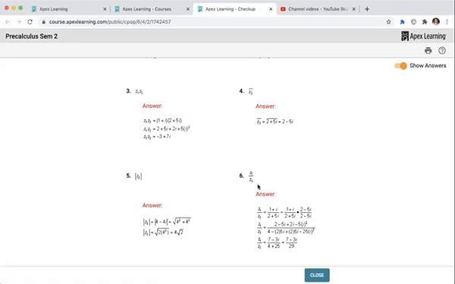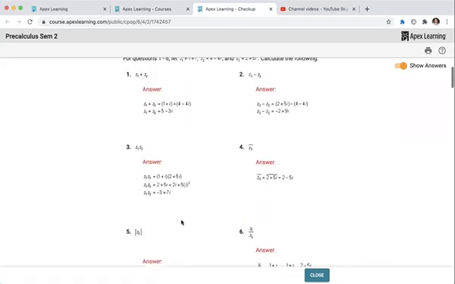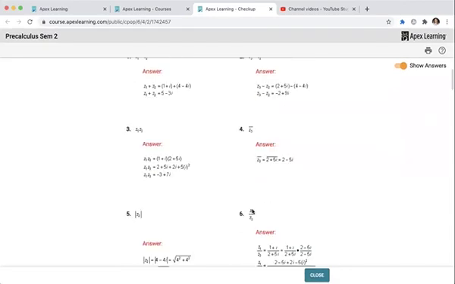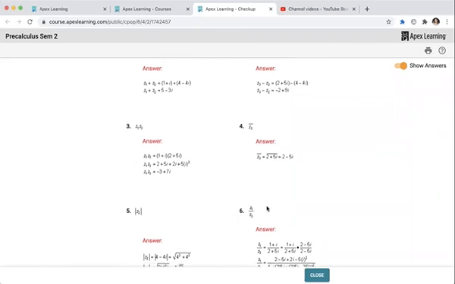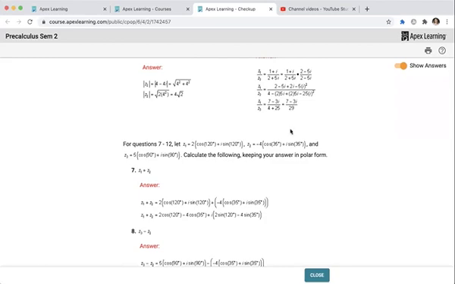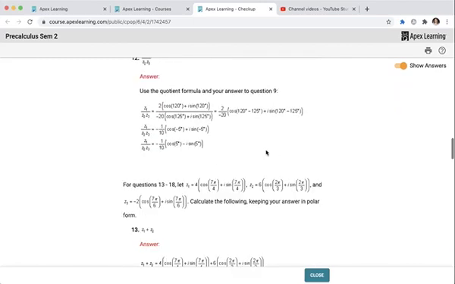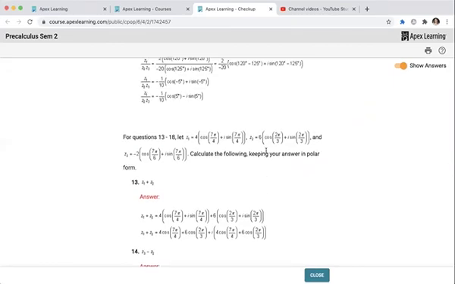So please make sure you take some time and go through these ones here, and just understand the notation. So this is saying Z1 divided by Z3. You can still use the equation for Z1 over Z2. They just try to trick you with a 3 instead of a 2 this time. It's the same thing. And then doing very similar things, but now being in the trigonometric form, asking you to still do that.